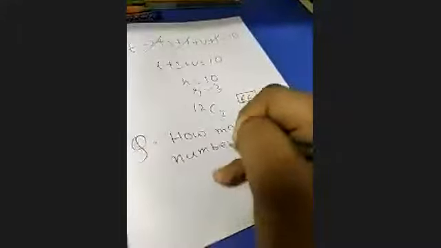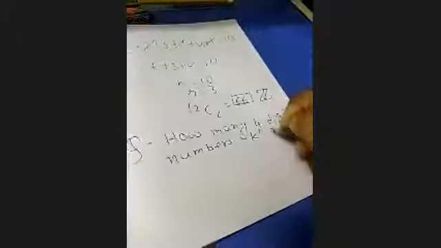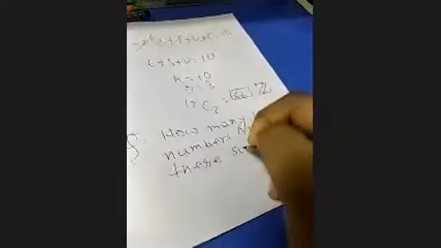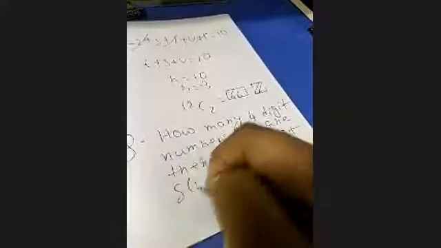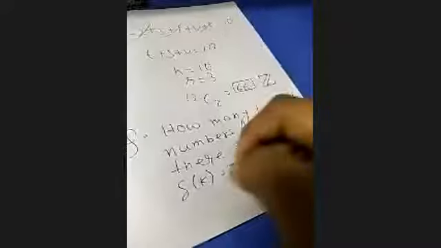Okay, now try this question. How many 4-digit numbers, the 4-digit number is represented by K, are there such that delta K equal to, let's take it, 12.